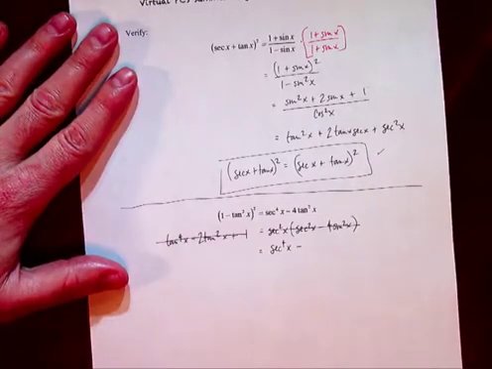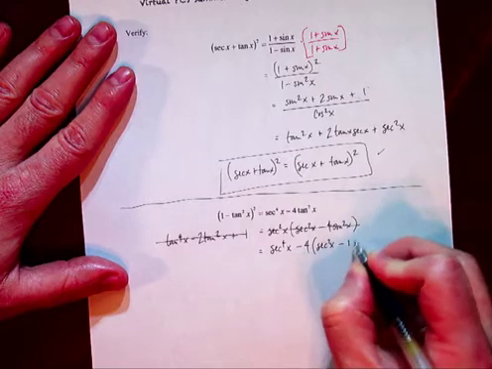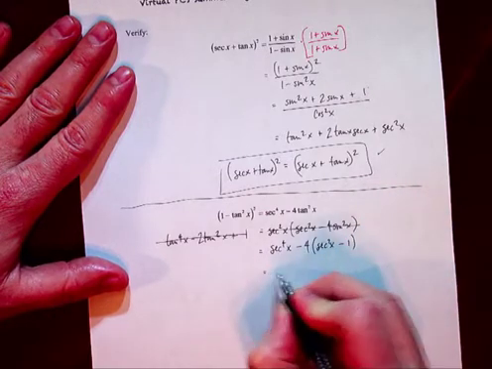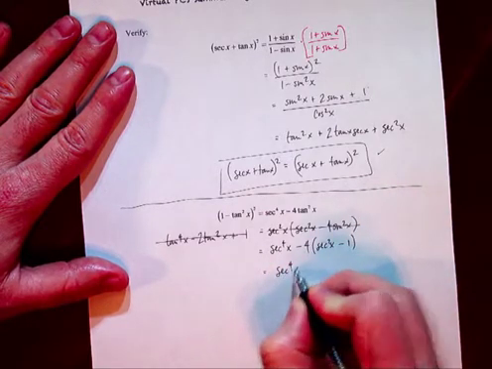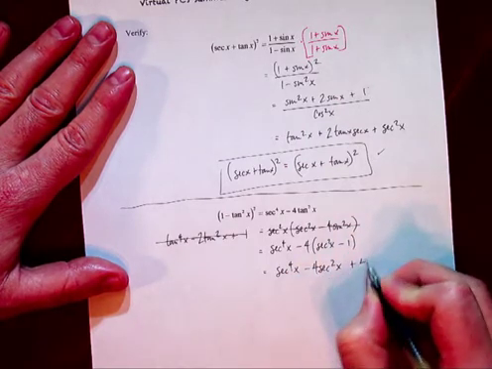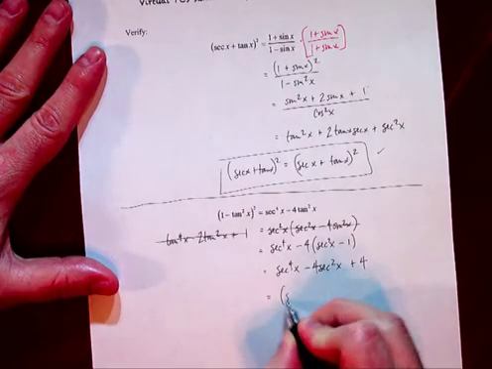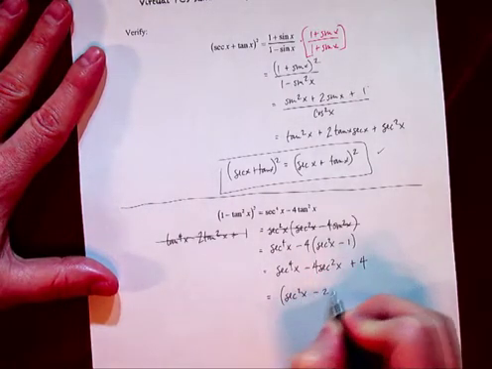Okay, so that can be secant squared minus 1, which becomes secant to the 4th x minus 4 secant squared x plus 4, right? Being careful about the distribution. Well, that can factor into that.